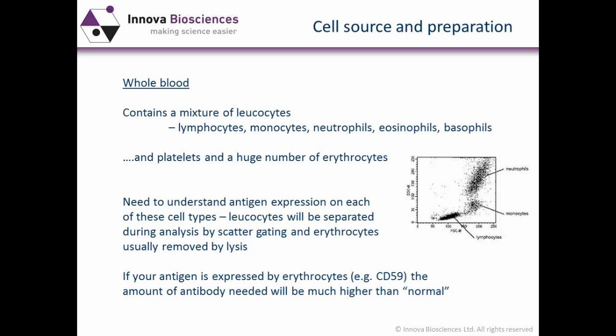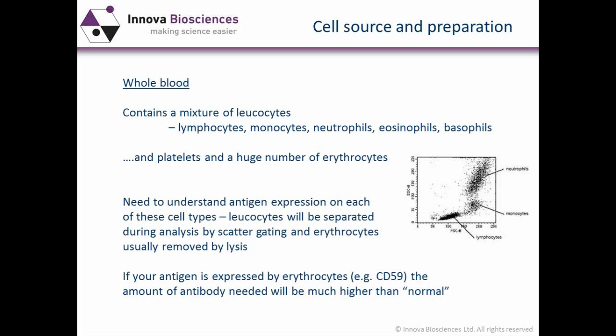From a flow cytometry point of view, quite often neutrophils, eosinophils and basophils are lumped together and called granulocytes. That terminology covers those 3 together, but the most important ones in terms of numbers are the neutrophils. Remember, there are also platelets within the whole blood sample, and of course erythrocytes, a huge number of red blood cells, which, although in many cases are removed, are there as a key component of your sample.